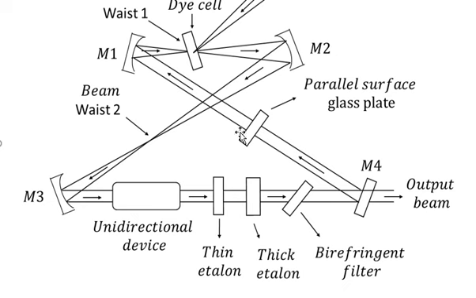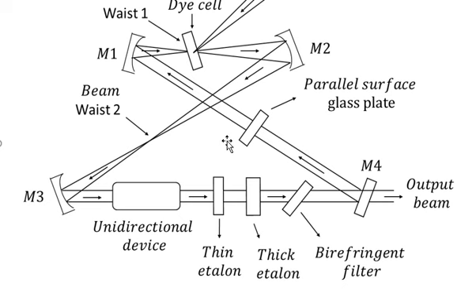And you know that this parallel surface glass plate will help you to tune the modes. For example, if the components between the arm M3 and M4 allow many longitudinal modes to propagate within the laser cavity, then this parallel glass plate will be able to tune one of such longitudinal modes by precisely tuning the length of the cavity.